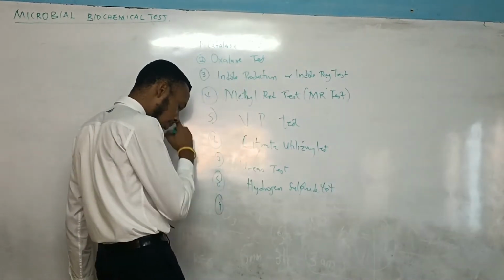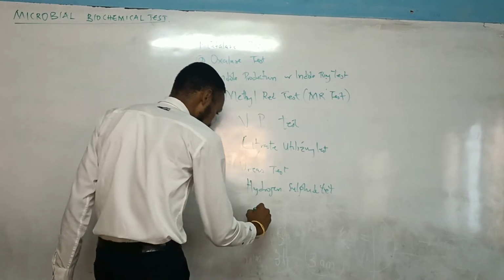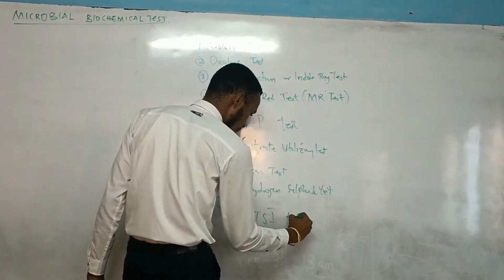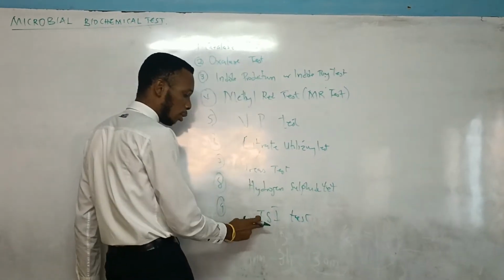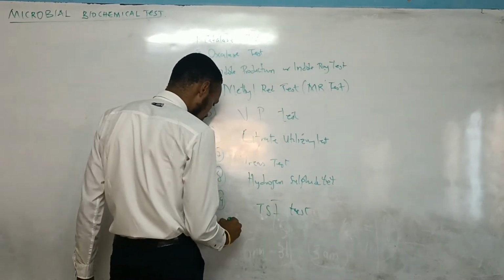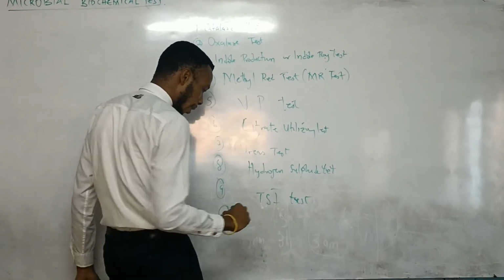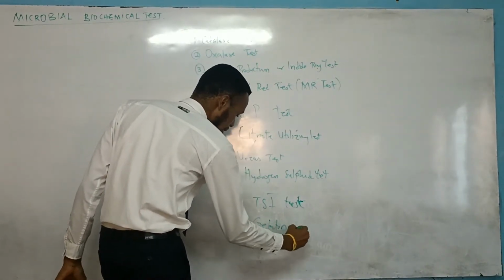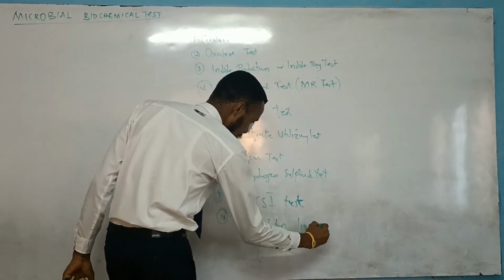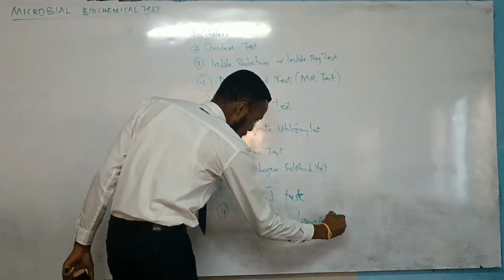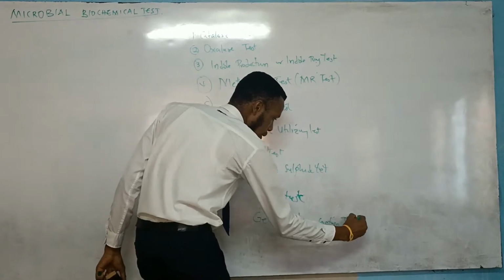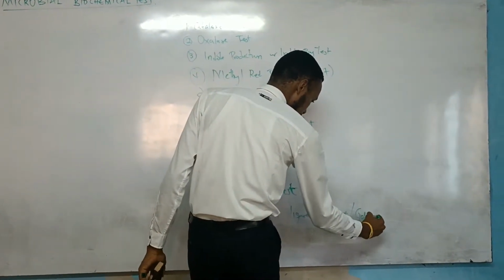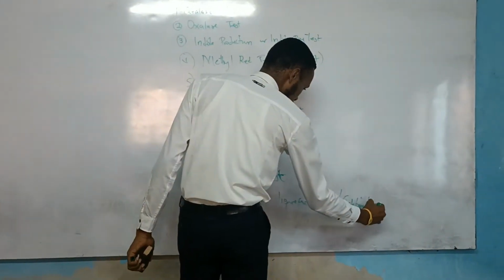Number nine, we have the TSI test, which is the triple sugar iron test. Number ten, we have the gelatin liquefaction test, or gelatin hydrolysis.